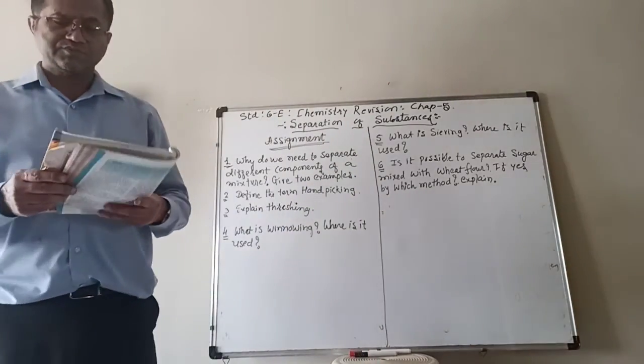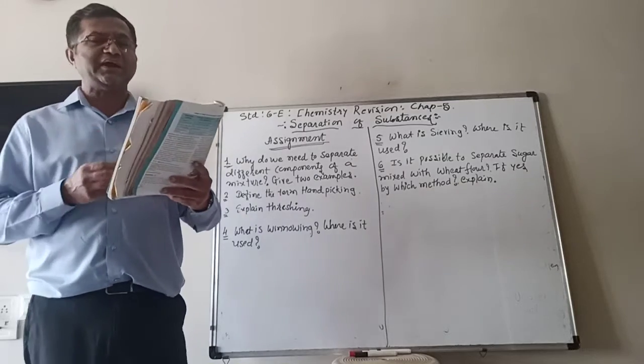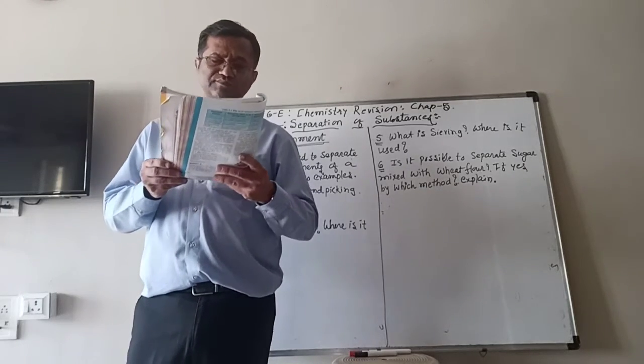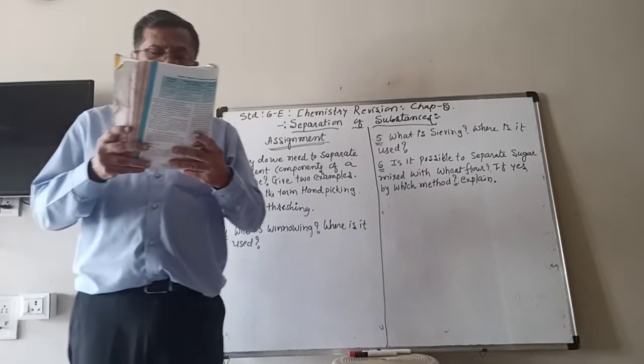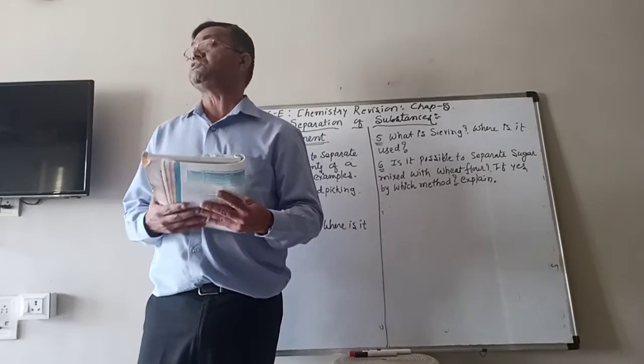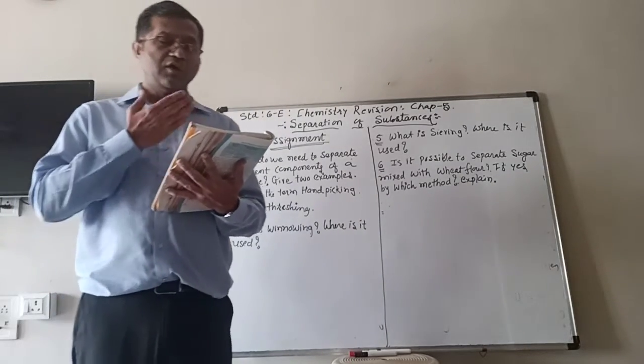That is the method we know as winnowing. So we can separate a mixture of dry sand and sawdust, or powdered dry leaves, from the mixture. We can use this method of winnowing.